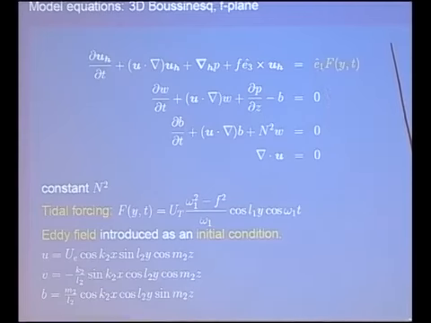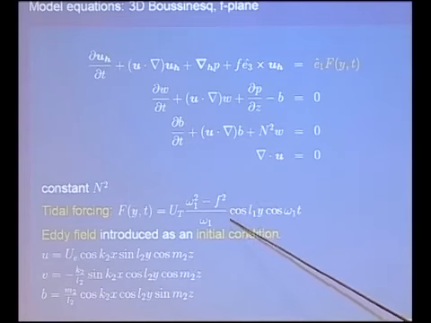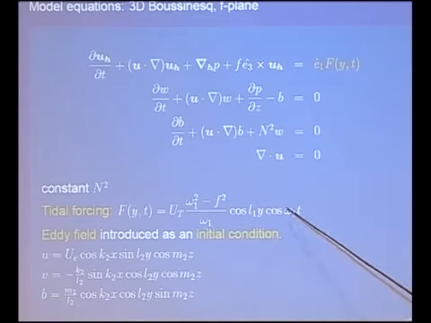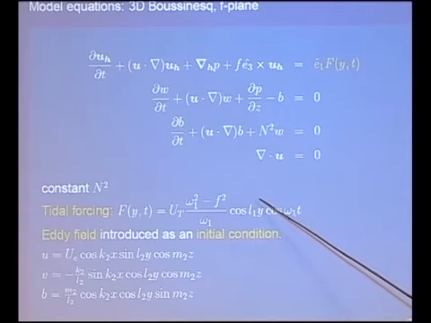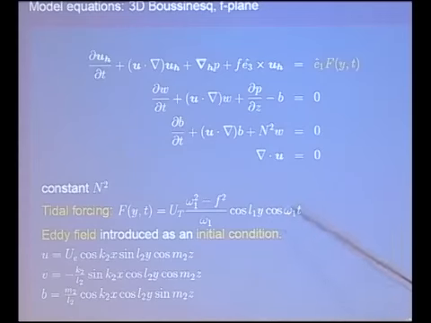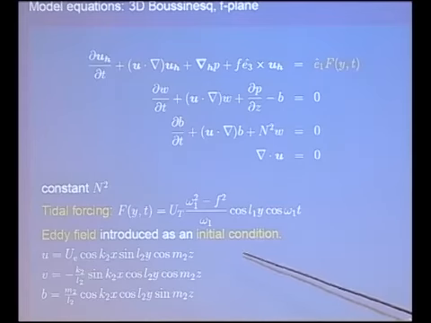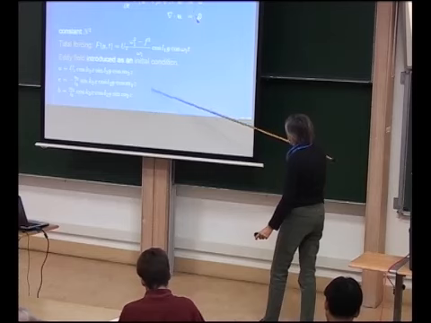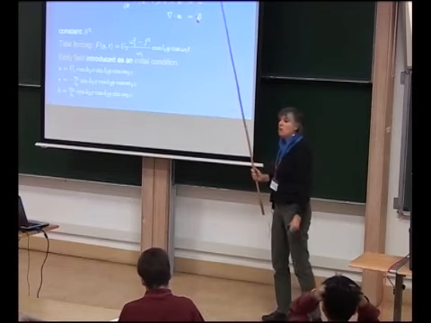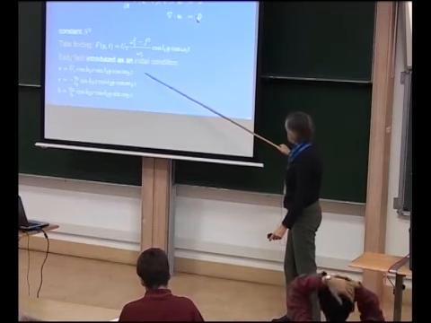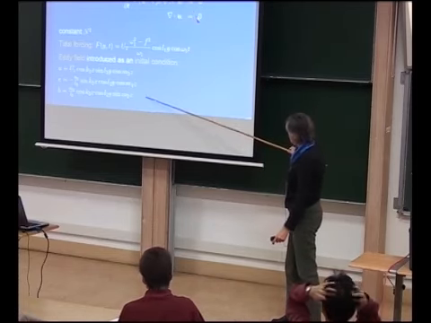The tidal forcing will just be some amplitude, and this particular form is designed to give us oscillatory, time-dependent behavior with some characteristic horizontal wavelength. The eddy field, on the other hand, will be introduced just as an initial condition.